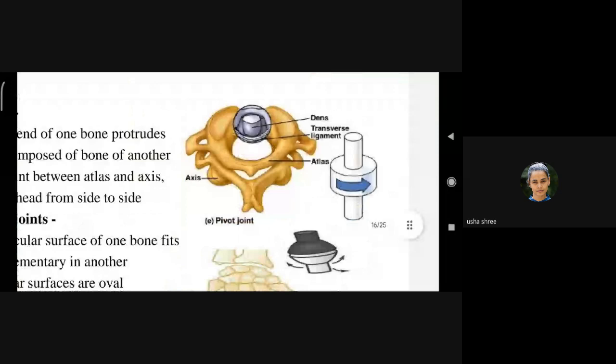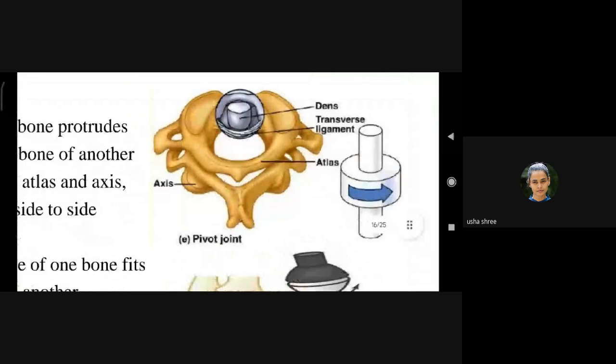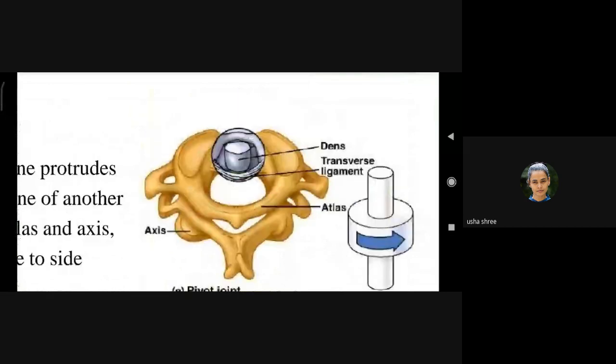Yes, ma'am. You can see in this diagram, the upper bone is C1, and below C1, C2 is present. Only two bones are shown, C1 and C2. You can see the foramen in between them. This foramen is for the spinal cord.